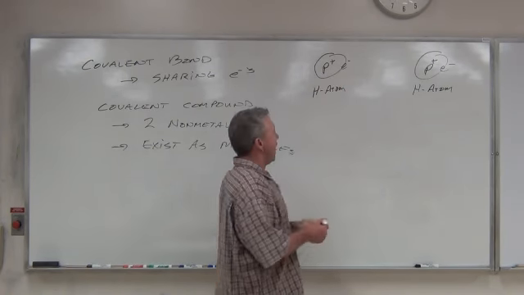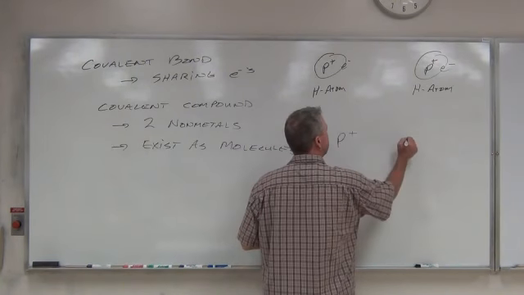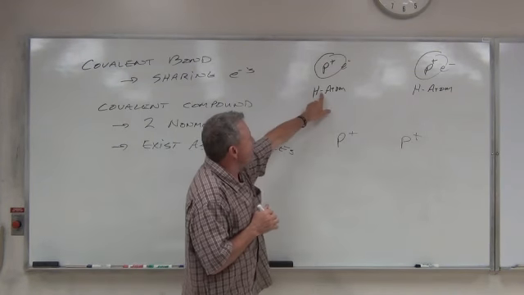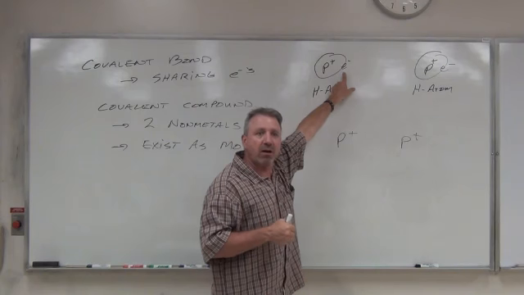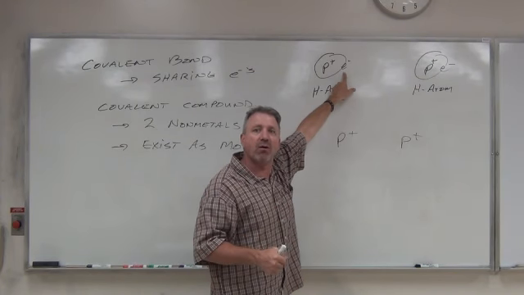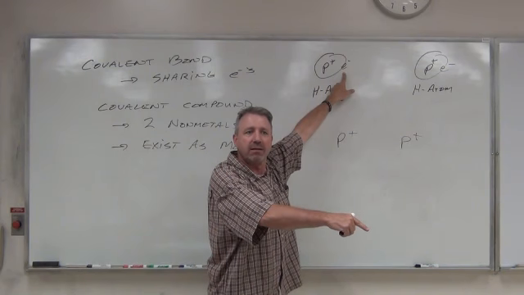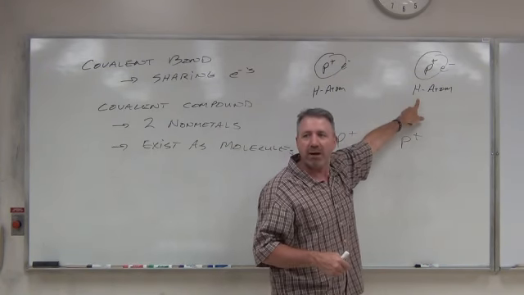Okay? And when they do that, this hydrogen atom is going to say, well, I don't have a strong enough electronegativity to take your electron away, but you're not getting mine either. And this hydrogen atom says, well, I feel the same way.